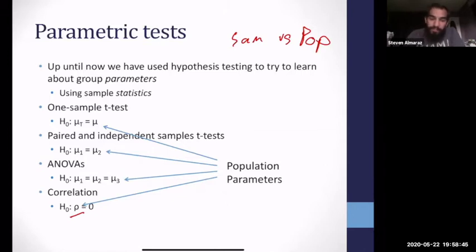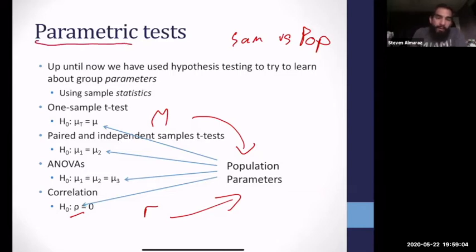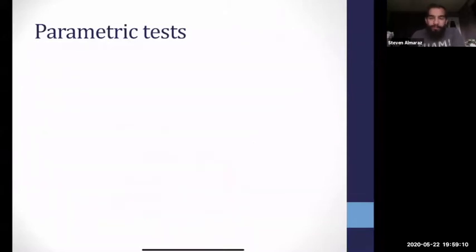So in each of these examples, we used sample means or sample correlation to try and estimate these population parameters, okay? We tried to guess at the population parameters. And that's why these are called parametric tests, because they're trying to get at population parameters, okay?